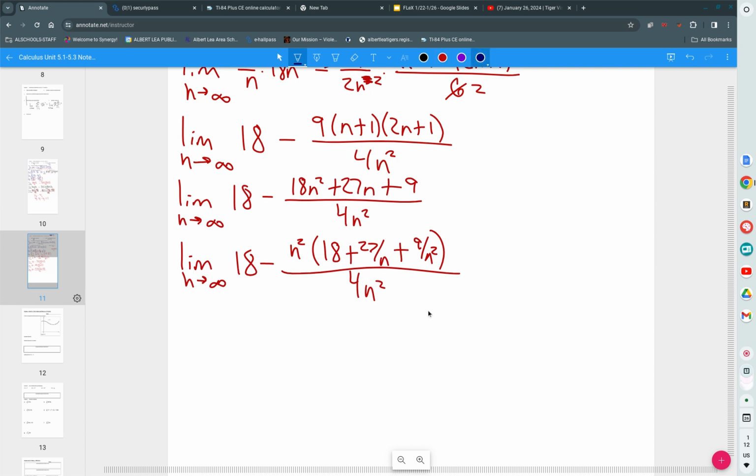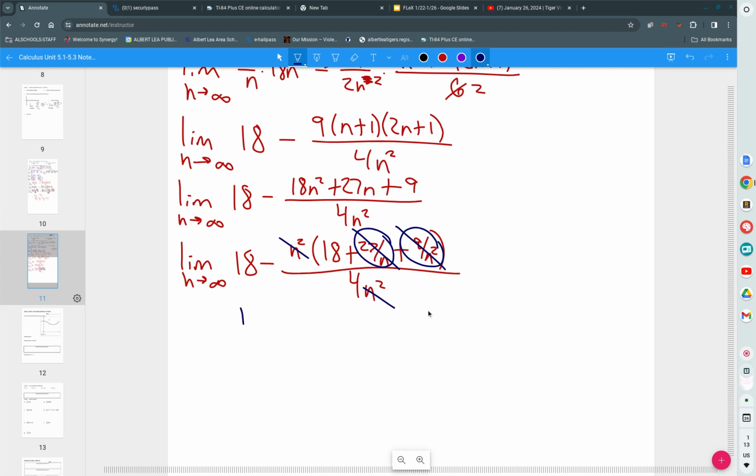I remember in a calculus class in college, we at times asked the professor, we could see right away the answer is going to be 9 over 4. So really, do we have to do the last couple steps? He said, absolutely. He said, you should take joy in it because you can see that as n goes to infinity, that goes to 0, and that goes to 0, and that the n squareds cancel out.